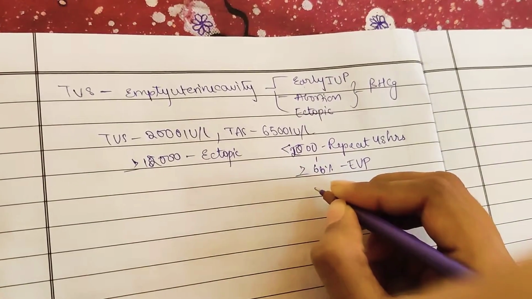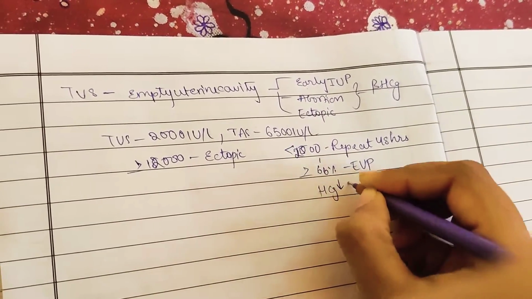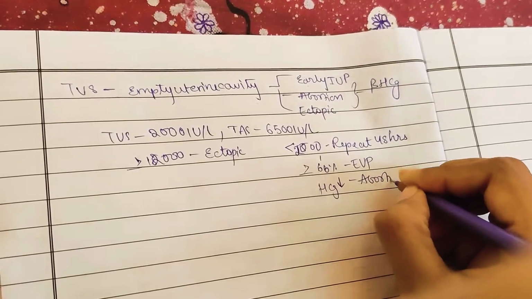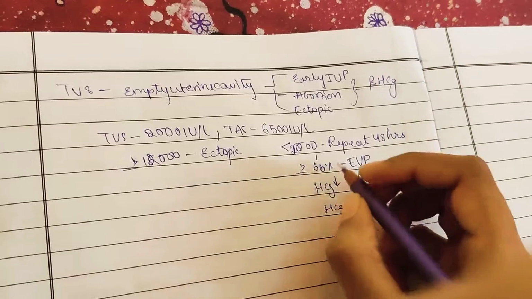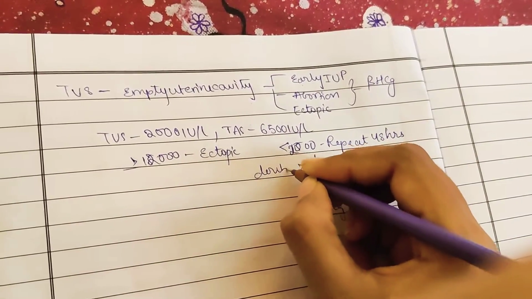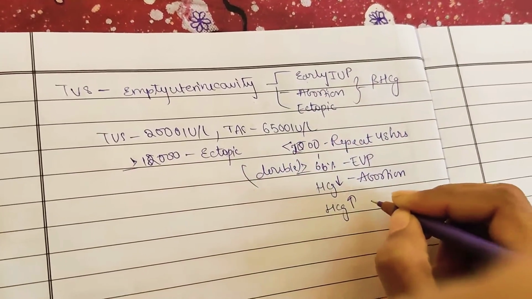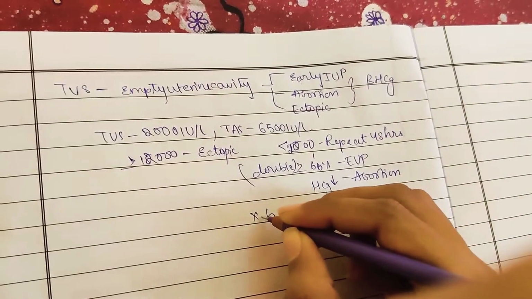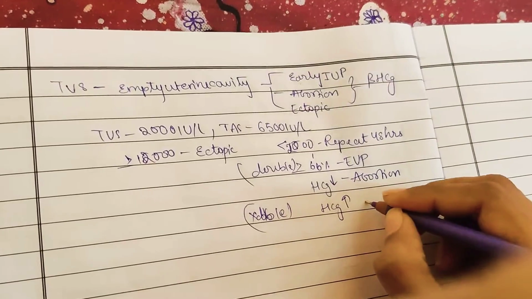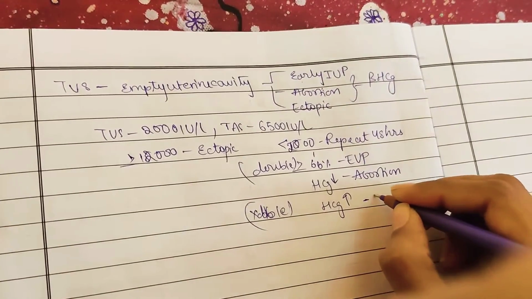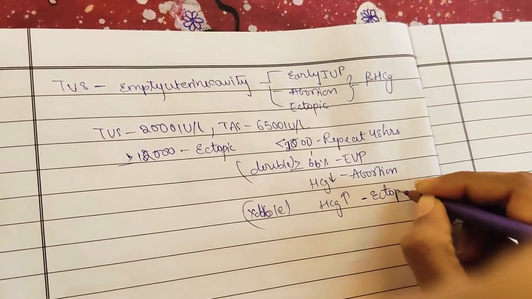Okay, if the HCG is low, then you can easily confirm it as abortion. Here the HCG is increasing, but it is not doubling. Here it is doubling, right? Here it is not doubling, but HCG is rising. In this case, you can easily confirm it as ectopic.